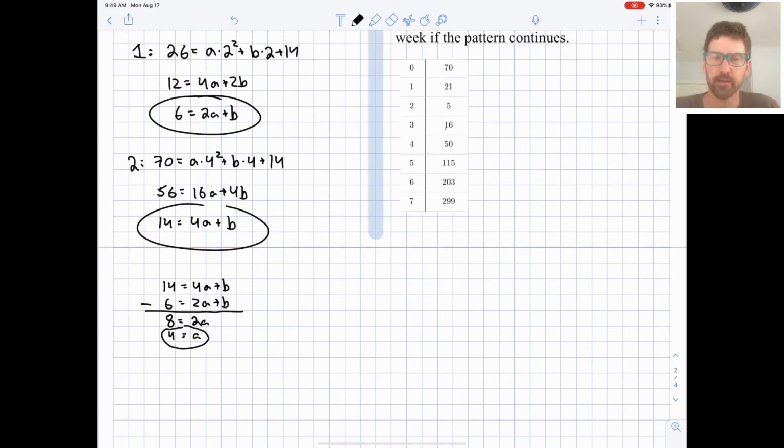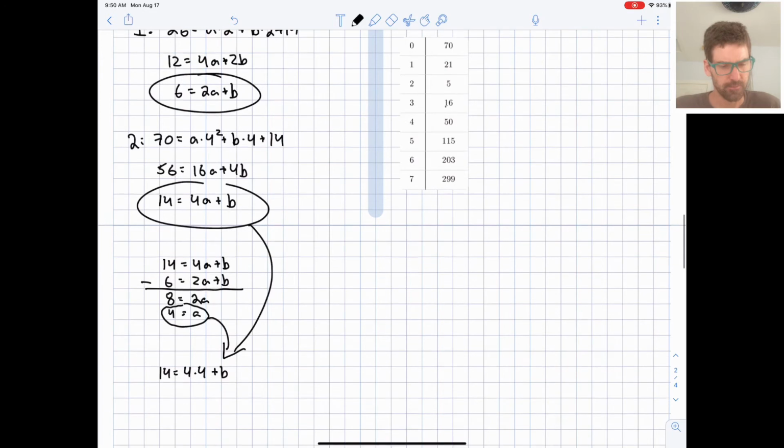Okay, so now we know a, we know c, and we can plug a equals 4 into any of the equations up above. So I can just put it in here. I have 14 is equal to 4 times 4 plus b. So it looks like b is negative 2.